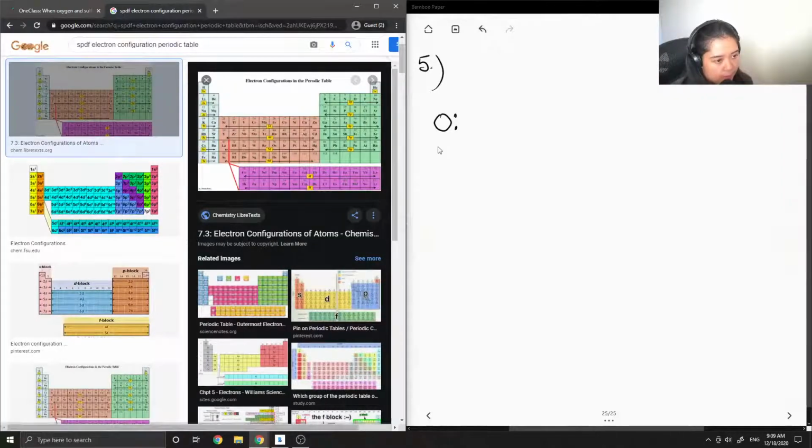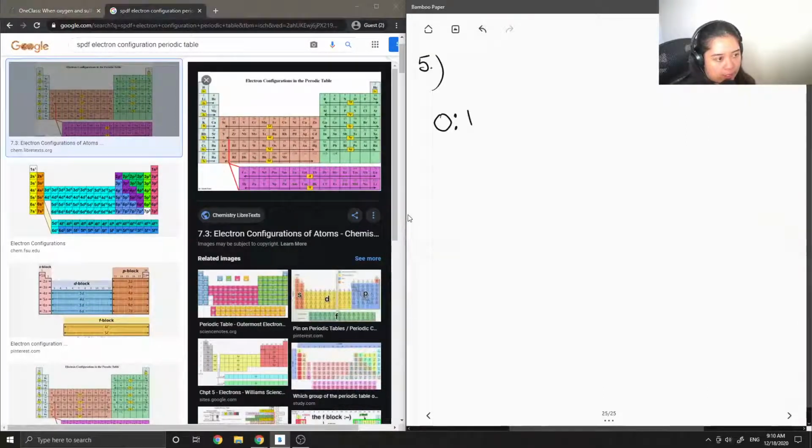When you write down the electron configuration, you want to start from hydrogen and then move from left to right, top to bottom, until you get to your desired element. You write down the row number first, then the block letter, and then show how many electrons are in each orbital for that atom.